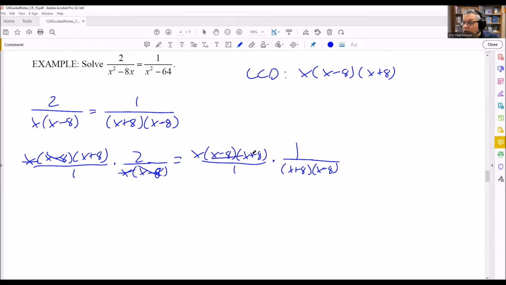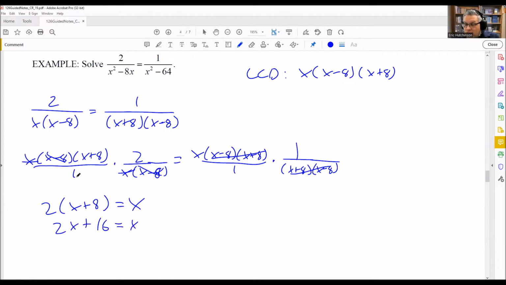On the other side, x minus 8, x plus 8 will cancel with this one. So when all that cancels, we'll end up with 2 times x plus 8, nothing on the bottom. Here, we're going to have an x on the right-hand side because everything else canceled. We're going to multiply this: 2x plus 16 equals x.